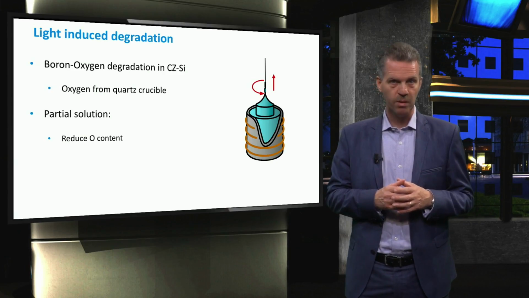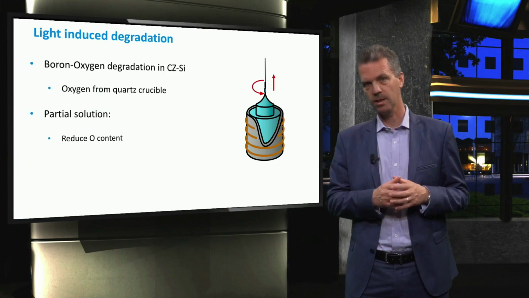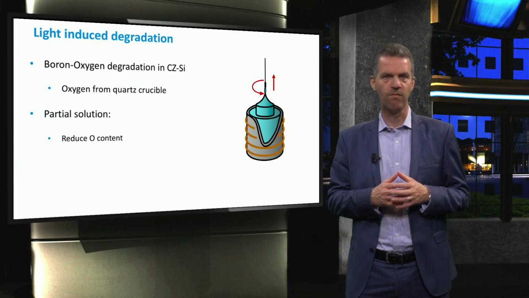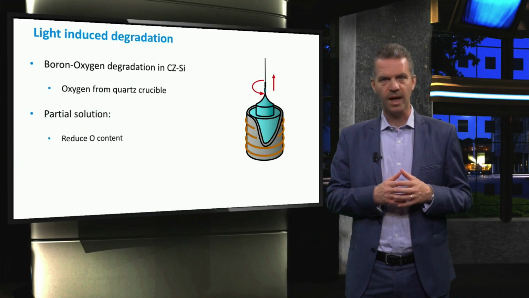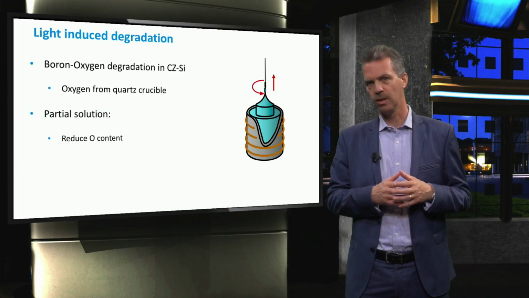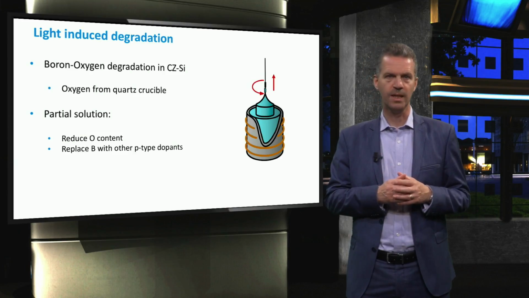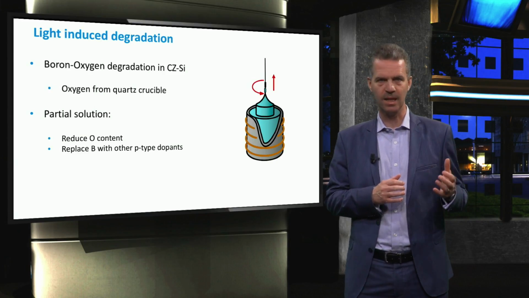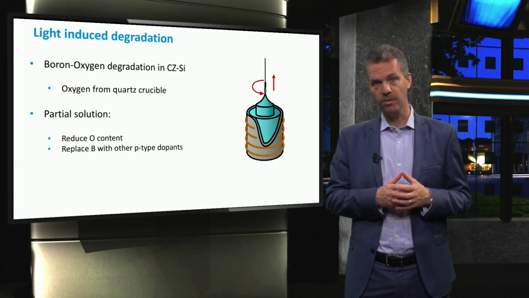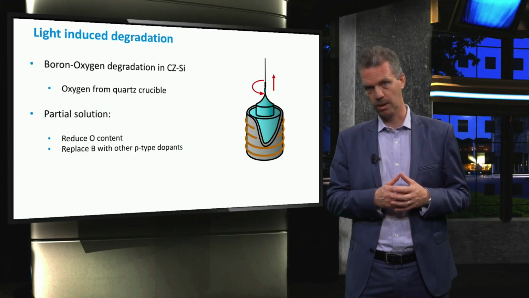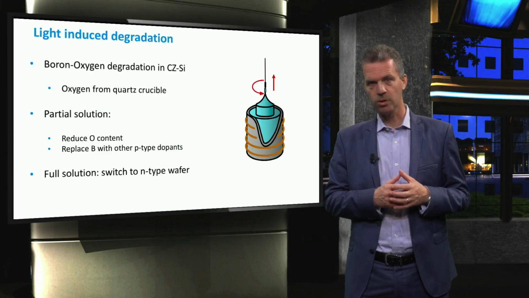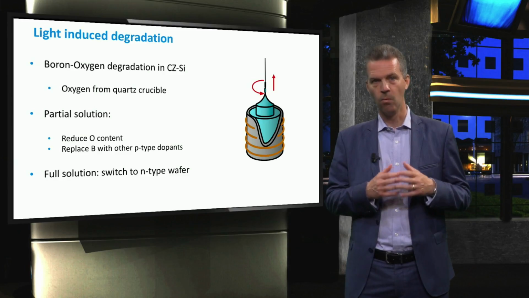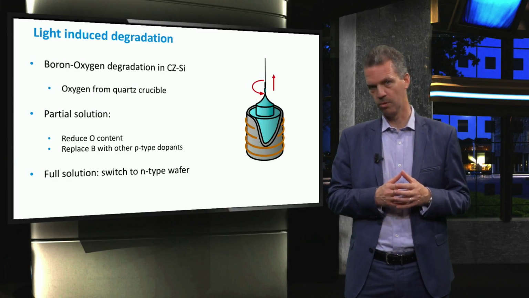A partial solution would be to lower the oxygen content in the silicon ingot. These methods are more expensive, as we have seen with float zone pulling. In this case, any contact with a quartz crucible is avoided. Another option is to replace the boron dopant by other P-type doping elements such as gallium or indium. Again, this will increase the price of a wafer significantly. The most obvious solution to light-induced degradation is then to switch to N-type silicon wafers, where boron might only be present as an impurity.